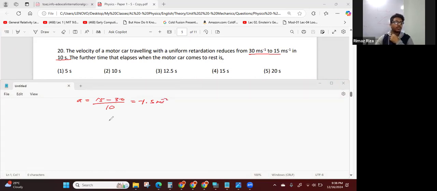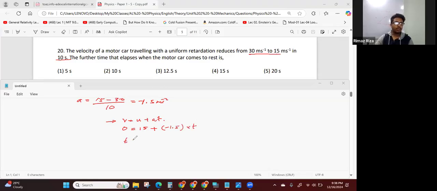Okay, and then you can use v squared equals u squared plus 2as. No, you want to find the time, right? The further time that elapses when the motor car comes to rest. So you can simply use v equals u plus at. The initial velocity you can consider 15, plus the acceleration minus 1.5 into time.